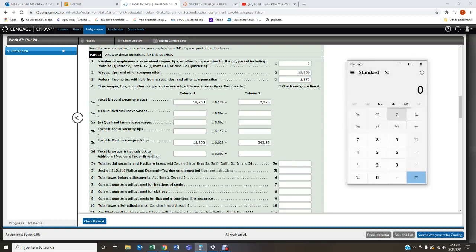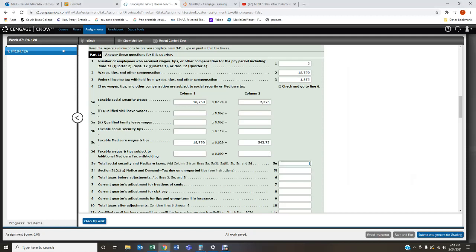Well, we only had 2 line items in column 2, so we're going to add those 2. 2325 plus 543.75. That gives me 2868.75. So how do we get that number, class? We added these numbers in column 2, okay?